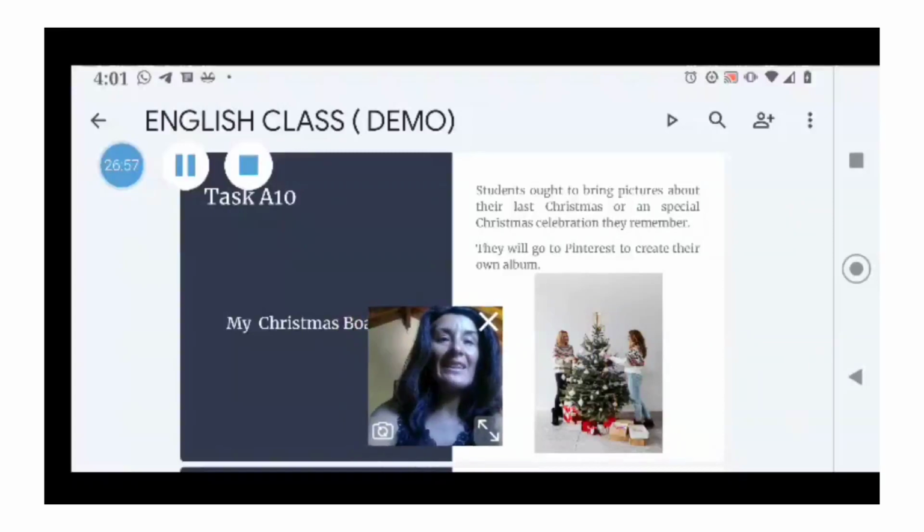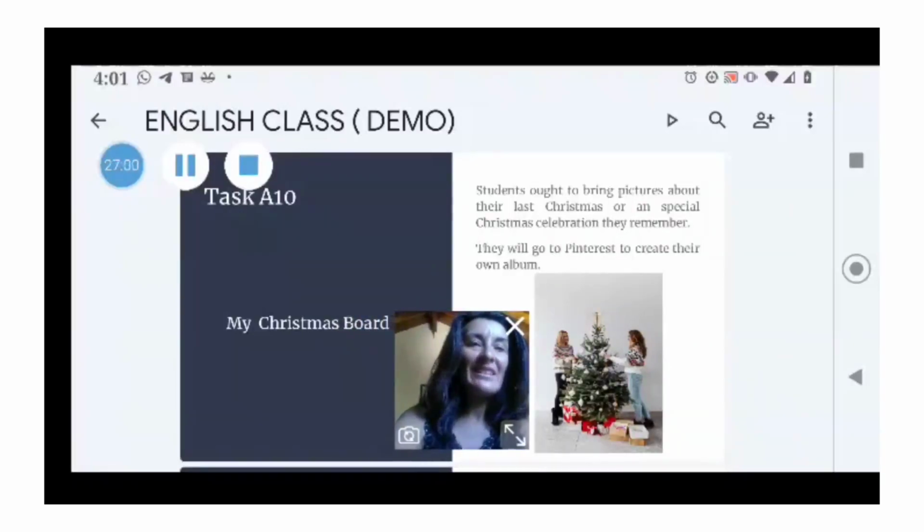Awful holidays. And the last activity, as we are ending the year, would be my Christmas board. We can ask students to bring pictures about their special Christmas celebration. Especially now, because last year with the pandemic season, many families could not join for Christmas. That's why for many kids, remembering their last Christmas all together with the whole family would be very telling and very emotional, so they will engage with the activity.